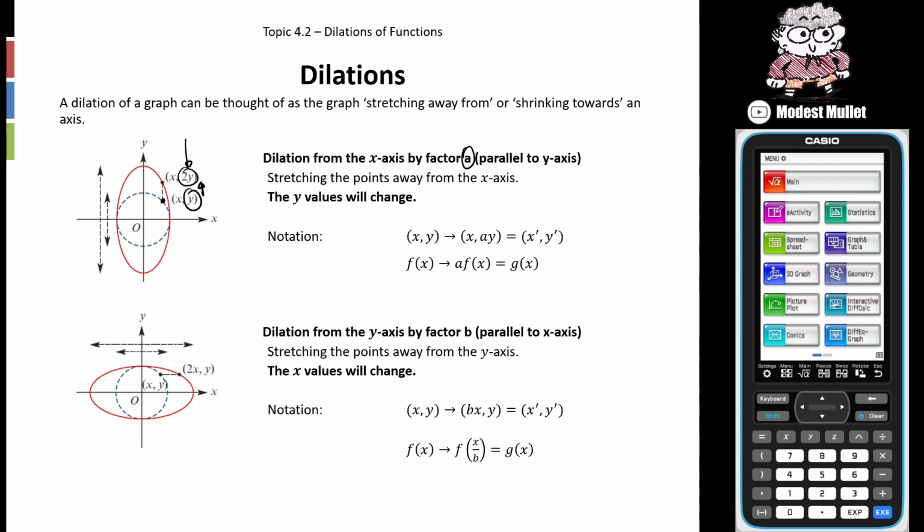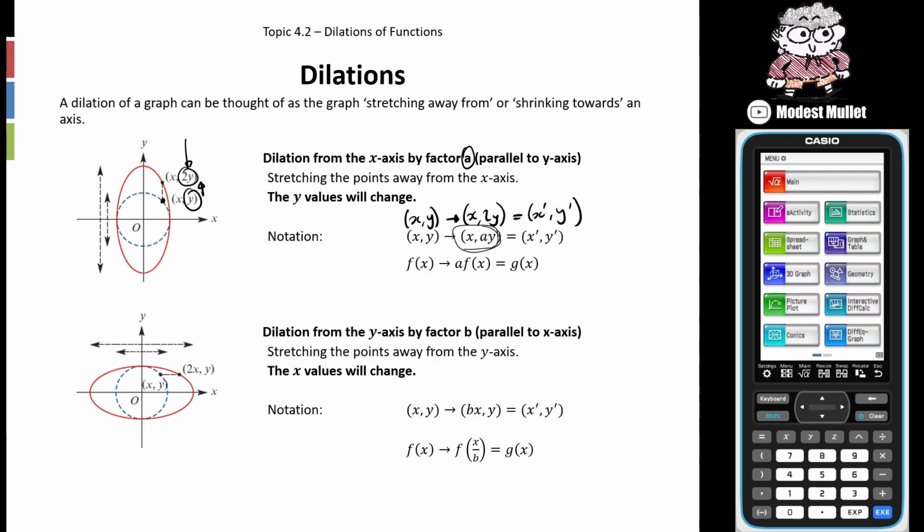So this has been stretched up by a factor of 2. We had x, y; the x coordinate hasn't changed, and the y coordinate has just been doubled. That gives me x dash, comma, y dash. So in general, we can represent it by x comma ay.